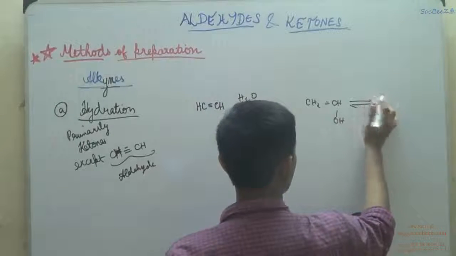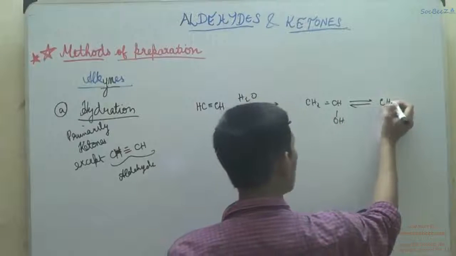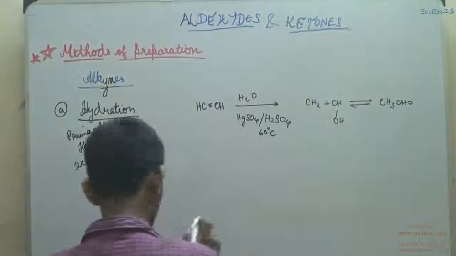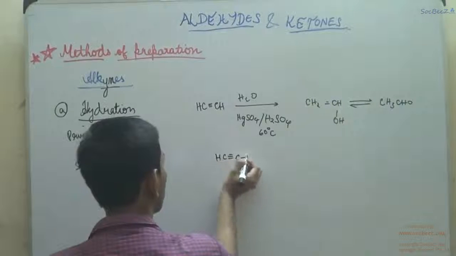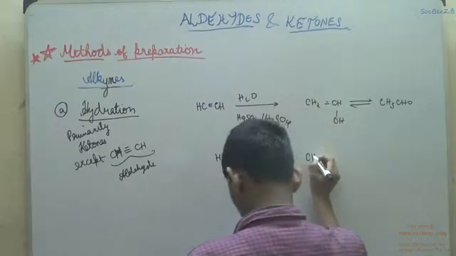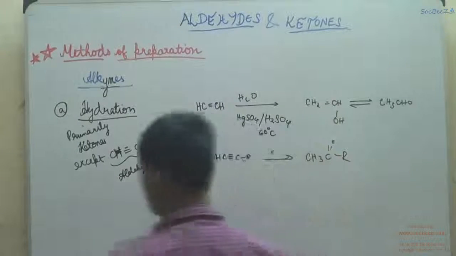This will change by keto-enol tautomerism, so will exist as an aldehyde. Another case where ketone is formed, same reagents, CH3-C=O-R.